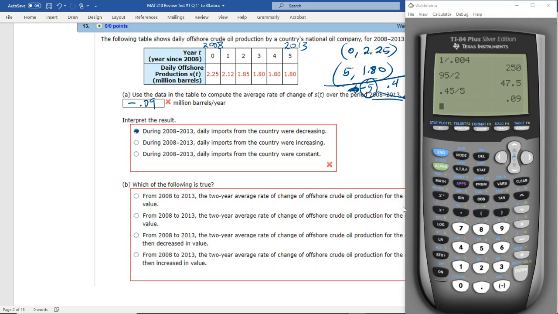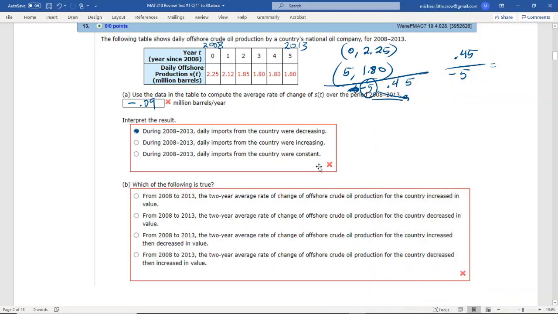Which of the following is true? The 2-year average of change of offshore crude production of the country increased in value. Let's see what's happening.